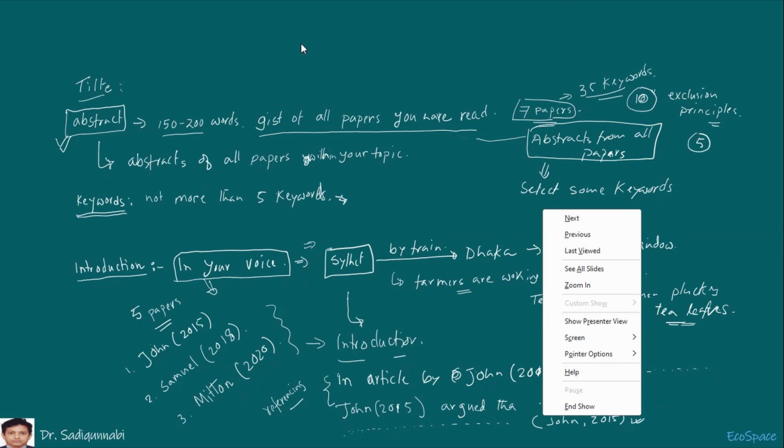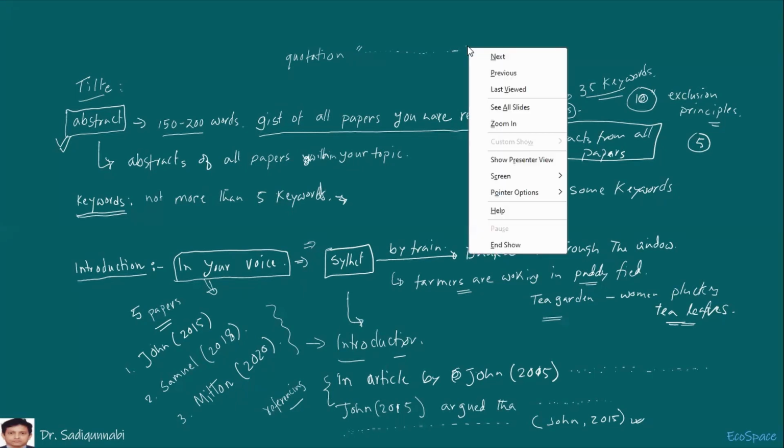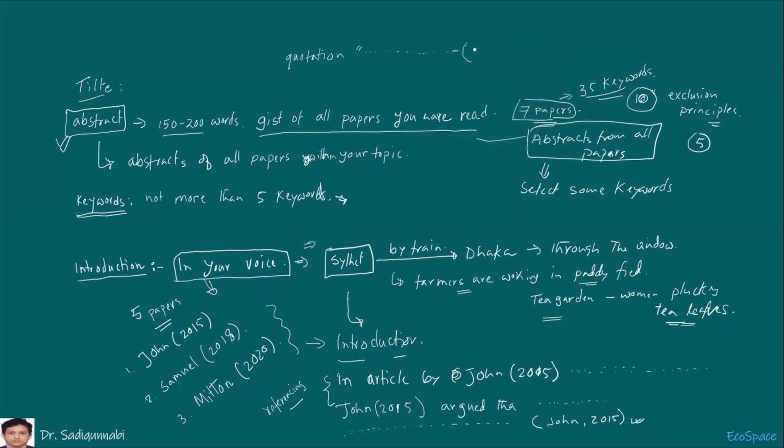Another style of referencing is called quotation. Quotation is something like you just cut and paste the narration of John. So you just use the inverted commas and then write something which is directly taken from John. Then you finish the sentence and use the reference, that's John 2015, page 125.